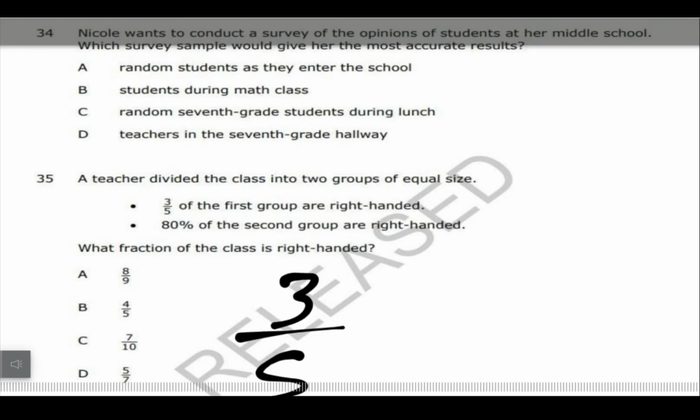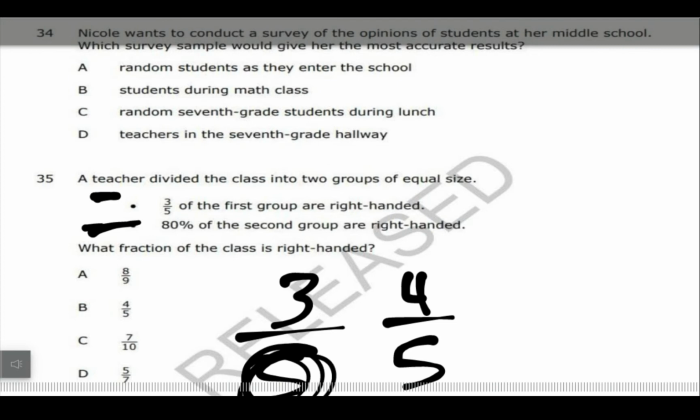And then in the second group, we had 80%. So I'd probably want to convert that. If you think about it, I can make it into fifths here. You probably either want to convert that to a percent or convert that to a fraction. Since I want a common denominator, I can get 80% out of 5 because 4 out of 5 is 80%.